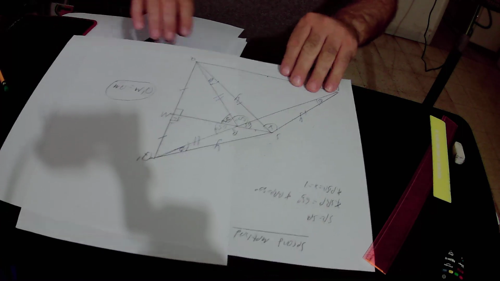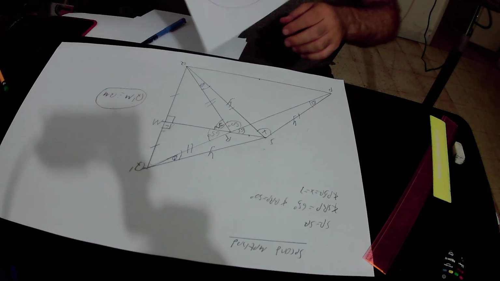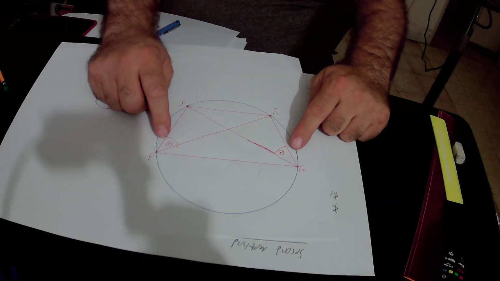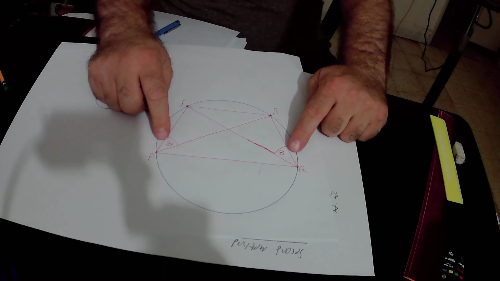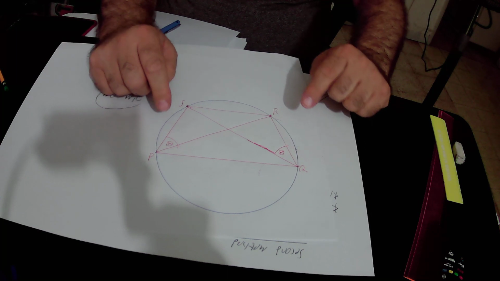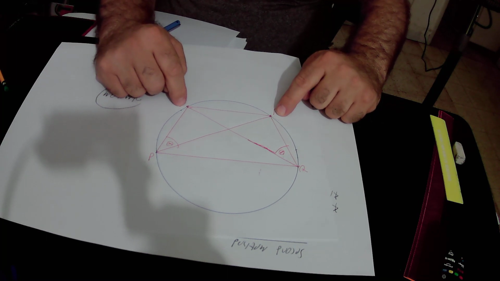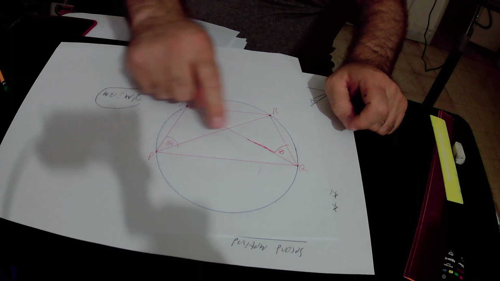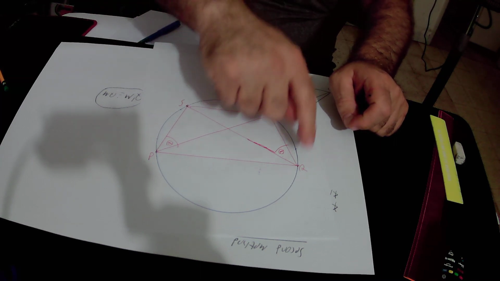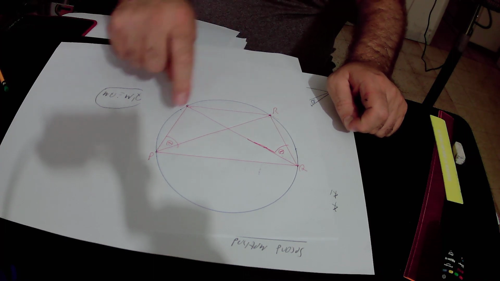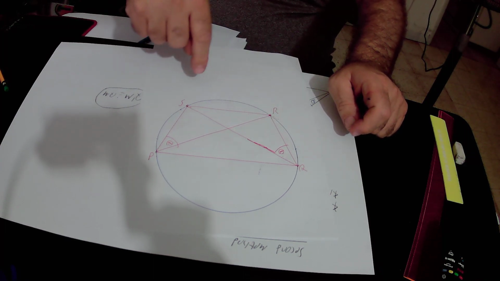I'll repeat rule number 2 again. We know that those two angles that are equal to each other, both equal to theta, subtend on the same segment line SR. Therefore, according to rule number 2, the quadrilateral SRPQ is inscribed by a circle, and the 4 points S, R, P, Q lie on this circle.